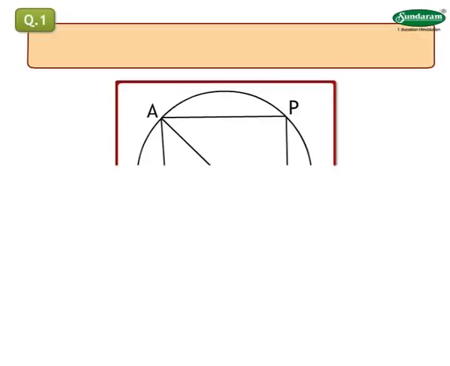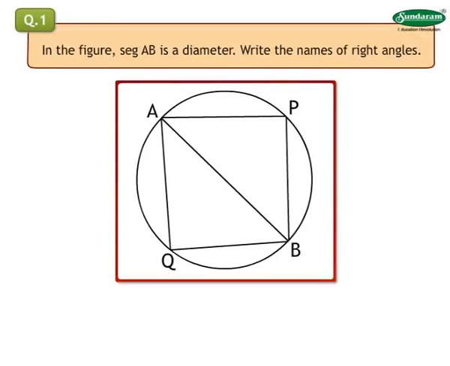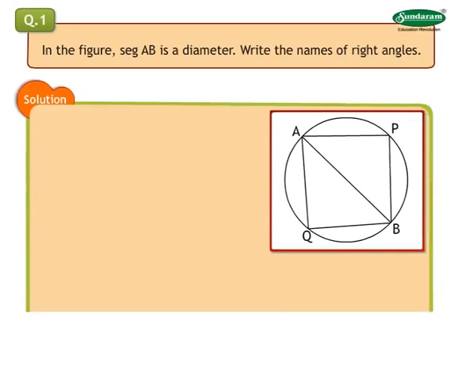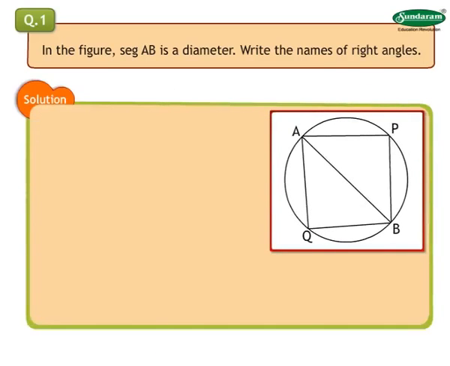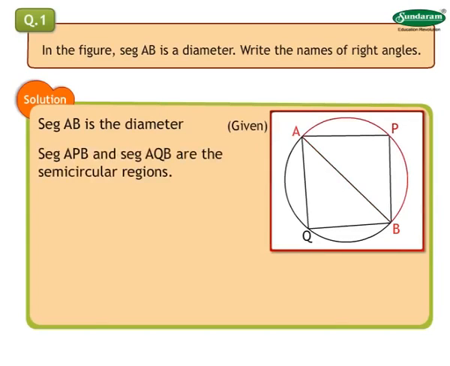Question 1. In the figure, segment AB is a diameter. Write the names of right angles. Solution. In the figure, it is given that segment AB is a diameter. So, segment APB and segment AQB are the semicircular regions.